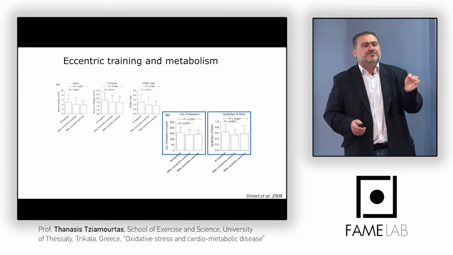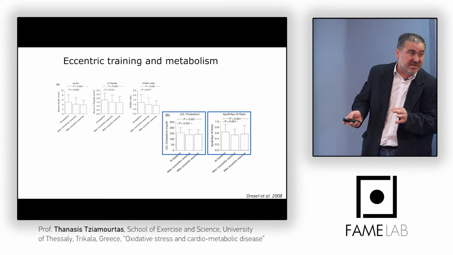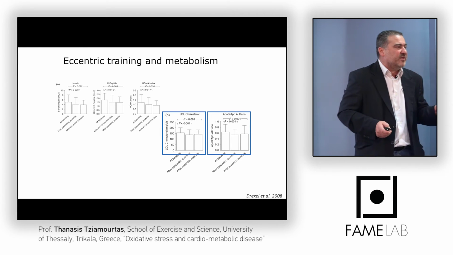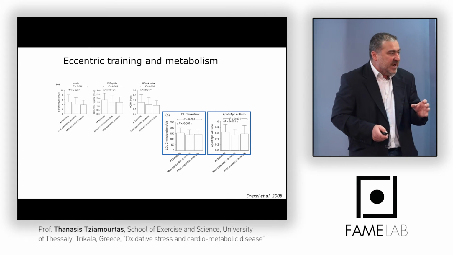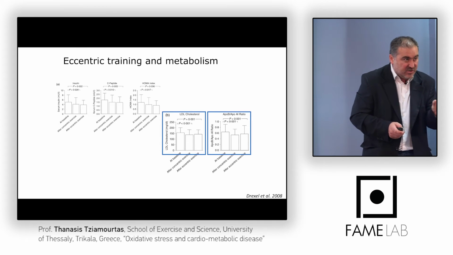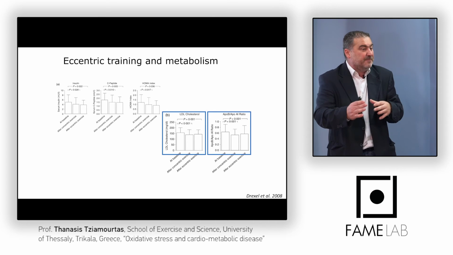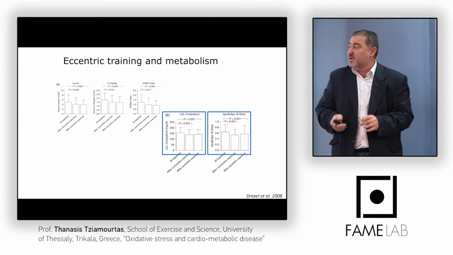Another thing that you have to keep in mind, because here we're talking about acute exercise, is that individuals from Austria ran a very clever experiment to associate eccentric exercise, which is going to cause muscle damage, but at the same time is a different type of exercise, with metabolism.